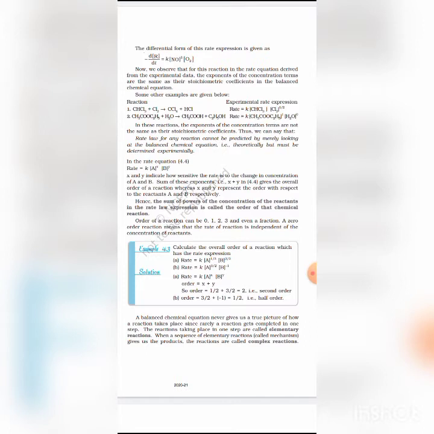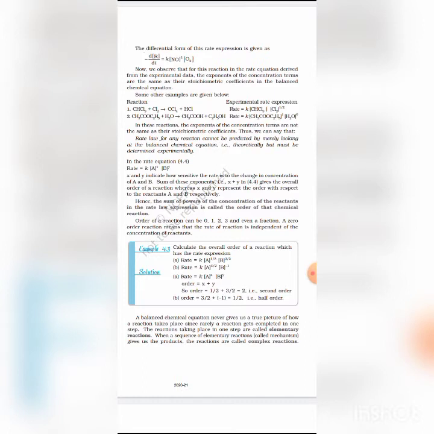For example, 2NH3 in presence of platinum catalyst, when heated strongly at 1130 Kelvin, gives nitrogen and hydrogen, that is N2 plus 3H2. This is an example of a zero order reaction.